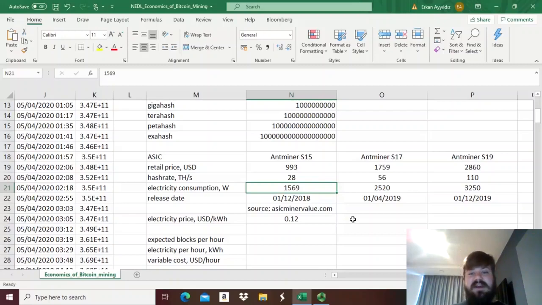Well, electricity consumption is what constitutes your variable cost in terms of your mining operations, because your mining hardware constantly consumes electricity, and most of the time you have to pay for kilowatt hours of energy that you spend.